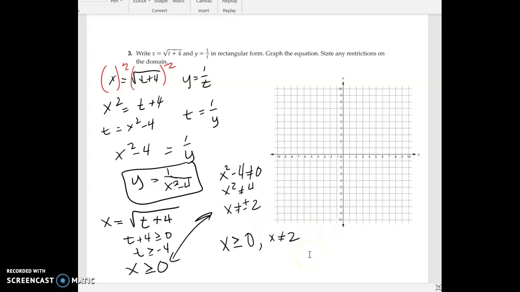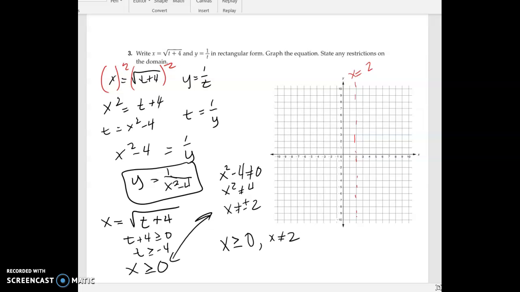Actually, let me go ahead and do it. It actually looks like this. We've got a vertical asymptote at x equals 2. We actually have multiple ones if we were to graph this, but this is the main one here, because we know it can't equal 2.